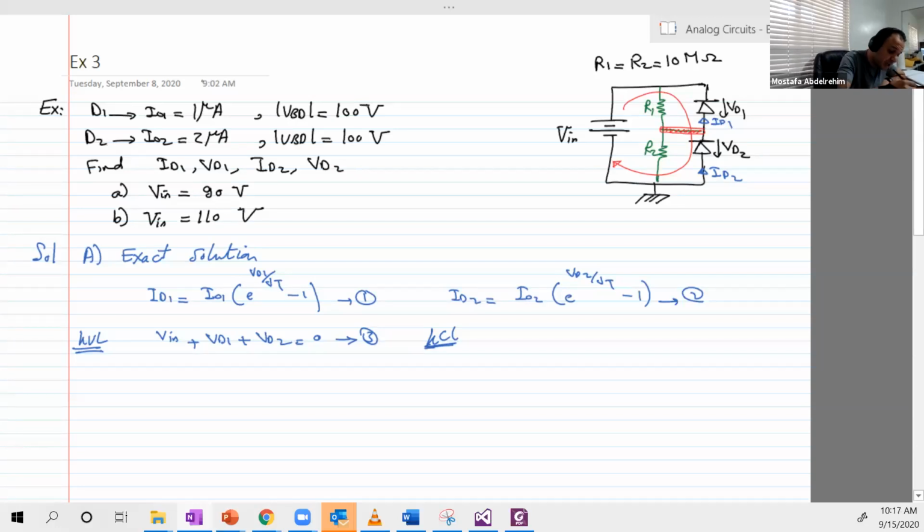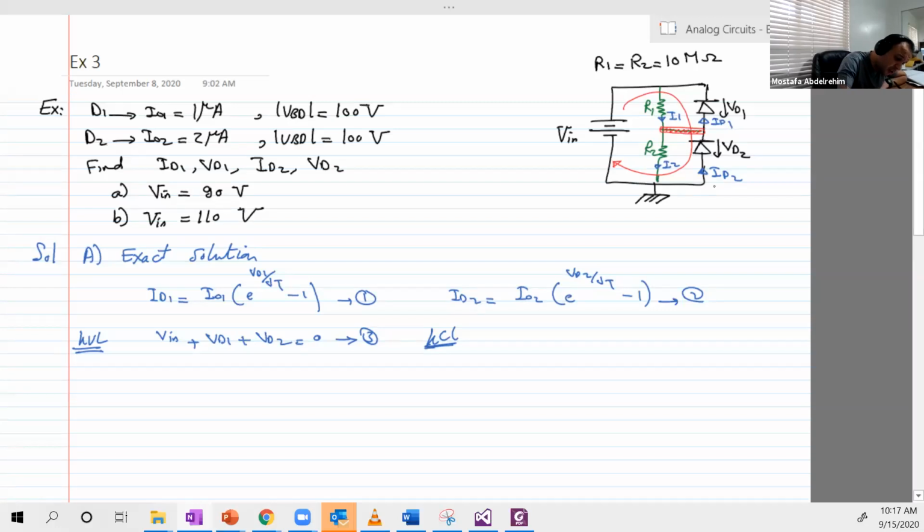Let's assume that we have 2 currents in R1 and R2. The current in R1 is called I1 and flowing down, and the current in R2 is also flowing down and called I2. So at that node, the currents going into the node should be equal to the currents going out of the node.